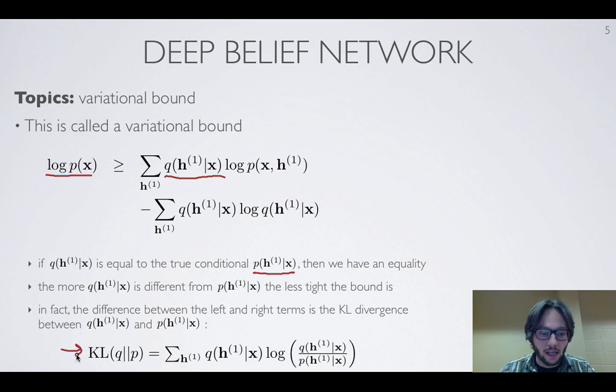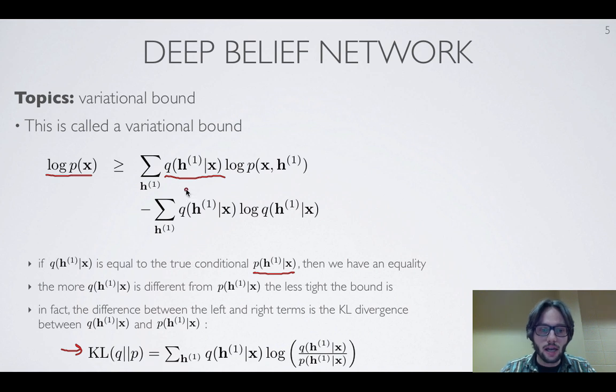So we would optimize the KL divergence between Q and P for some family of models for our posterior Q. And then once that's done, we keep Q fixed and optimize with respect to just the log of P of x and h1. And if we make good choices for this approximate posterior, then for certain models, we can much more easily optimize this expression here.